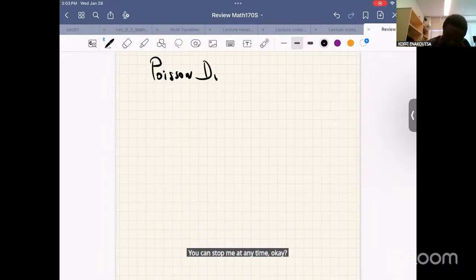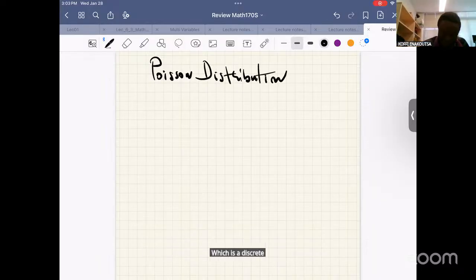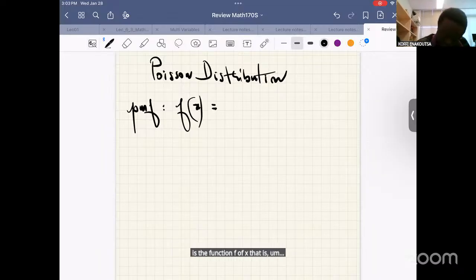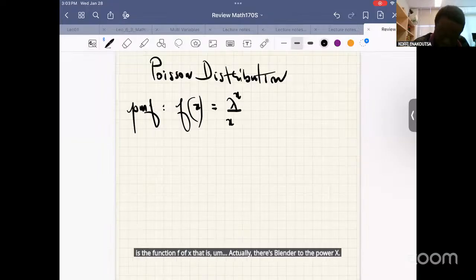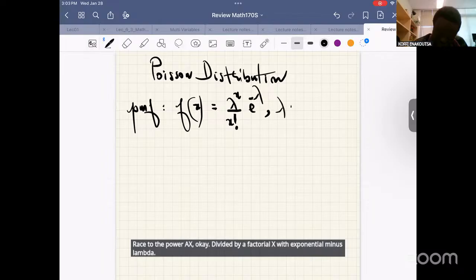For the Poisson distribution, which is a discrete random variable, the PMF is the function f of x that is lambda to the power x, divided by factorial x, with exponential of minus lambda.